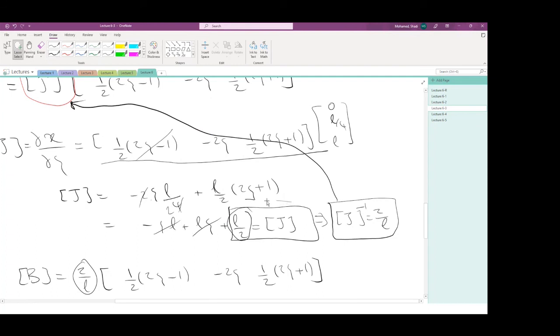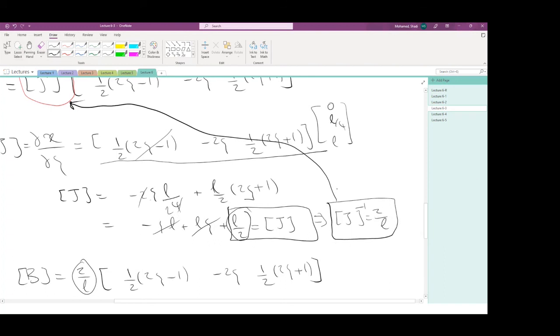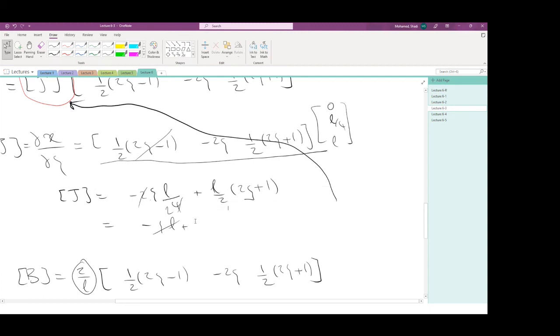So I'm just going to rewrite the Jacobian, only the Jacobian. This change. Just write down scratch. So you have minus 2 psi multiplied by L over 4, minus 2 psi multiplied by L over 4.